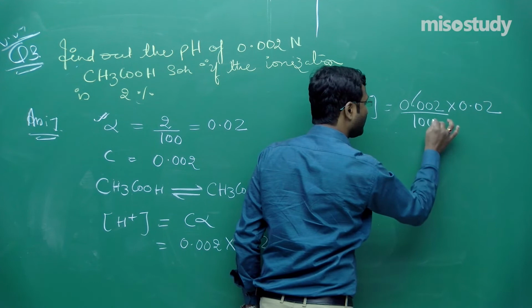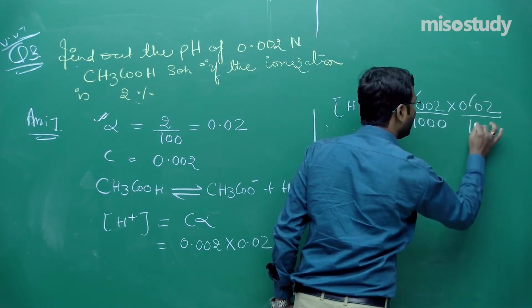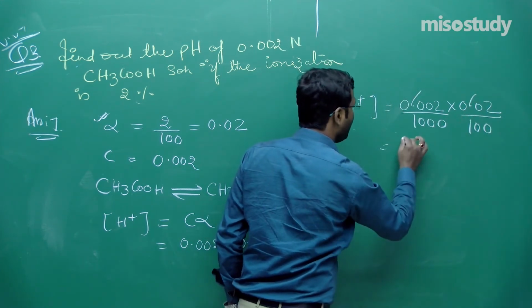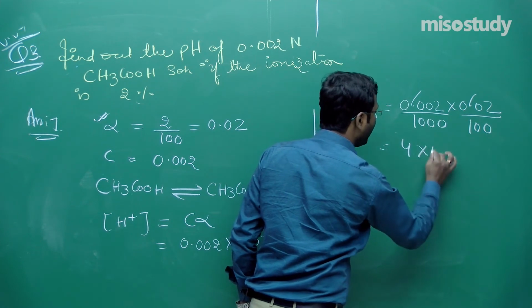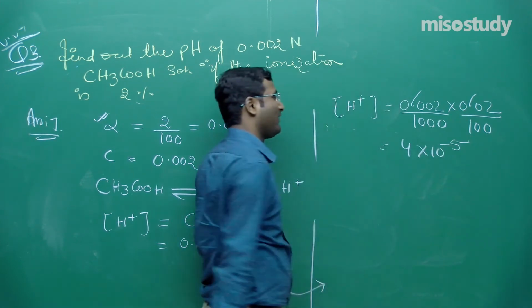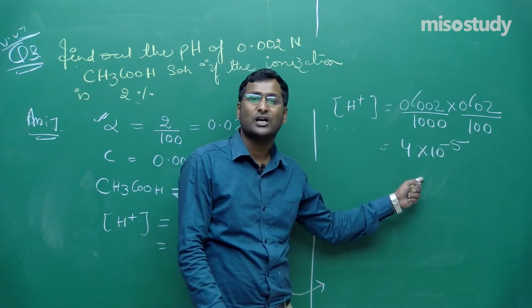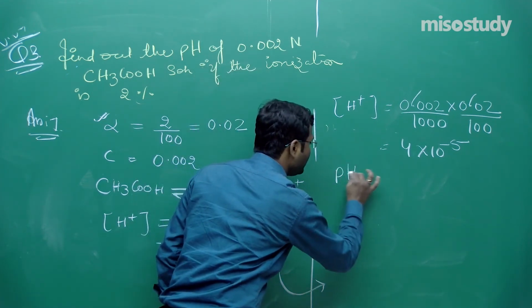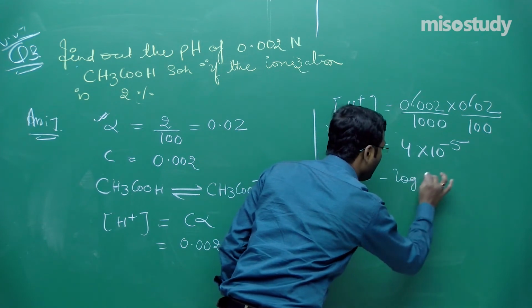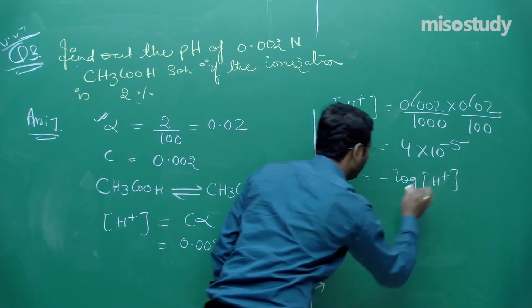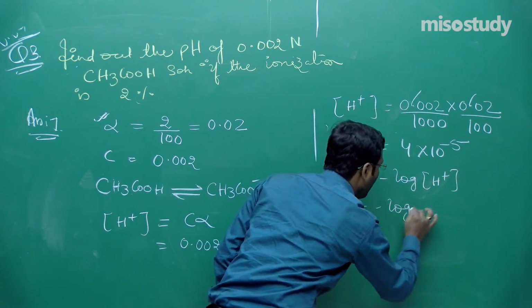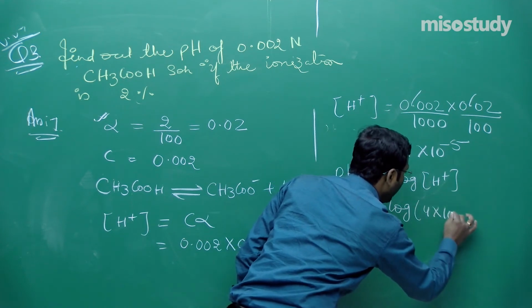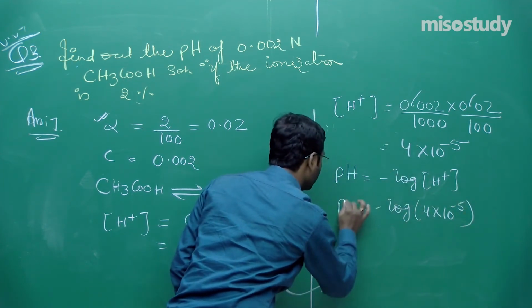Now write down 1000 upon 100. That is 4 into 10 to the power minus 5. This is the concentration of H plus. Now put this value in the formula, that is pH is equal to minus log H plus ion concentration, minus log 4 into 10 to the power minus 5.